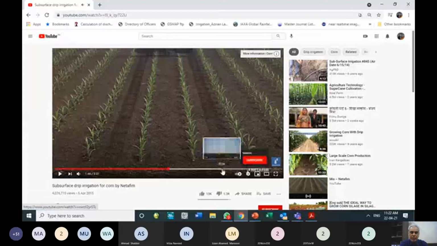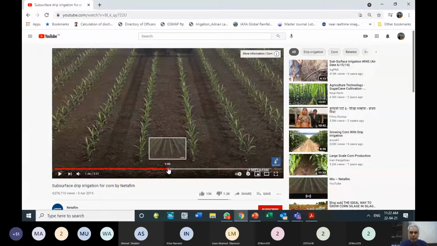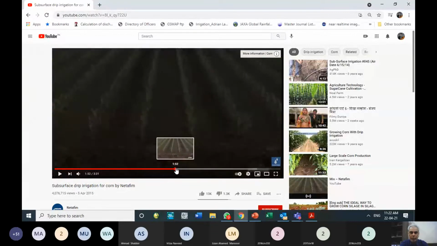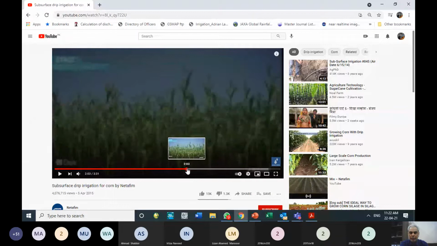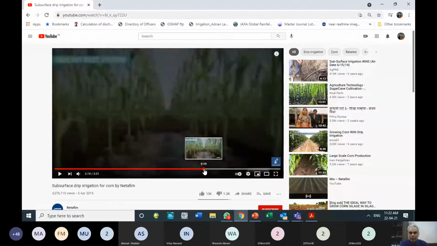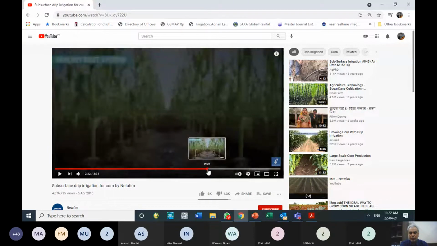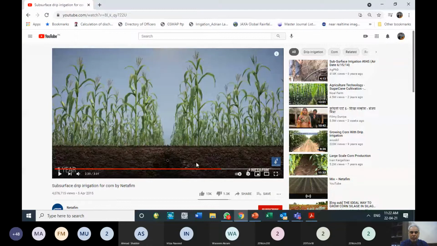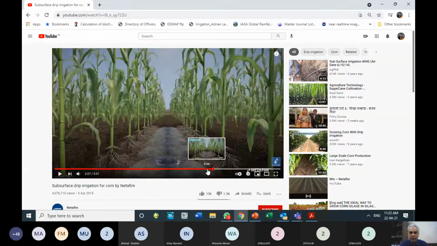That is how you have seen that subsurface pipe irrigation system can work. So let me see if they have anything else to show you. Yeah, from this figure, they are showing you their way of irrigation in this picture.